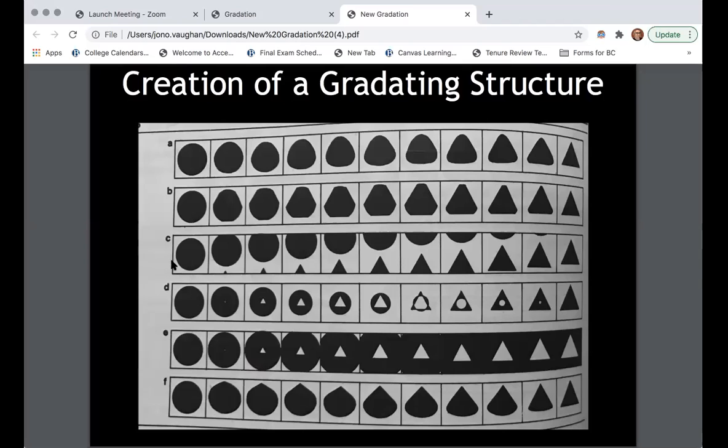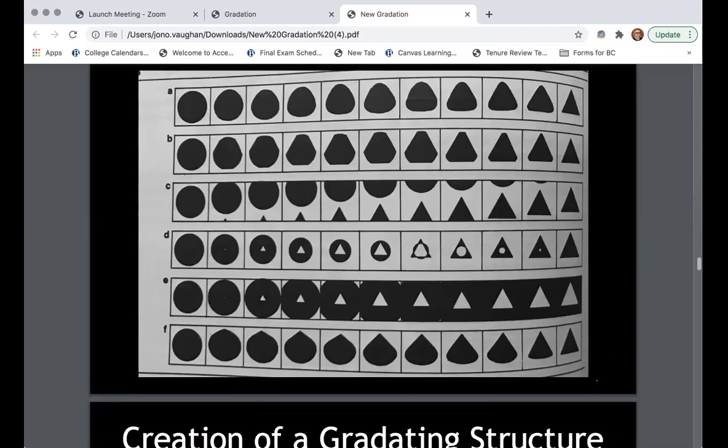So here, the circle and the triangle, the path is moving upwards. This has 1, 2, 3, 4, 5, 6, 7, 8, 9, 10, 11 steps to it. So that's going to be a slower gradation. And so that path is much more visibly gradating, sort of at a slow pace.